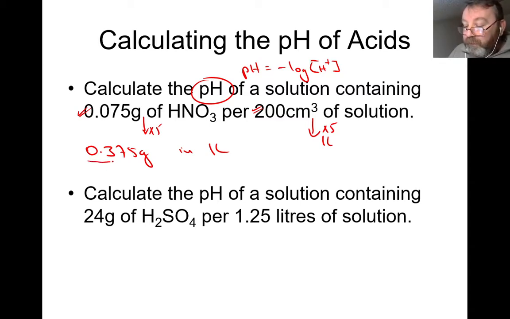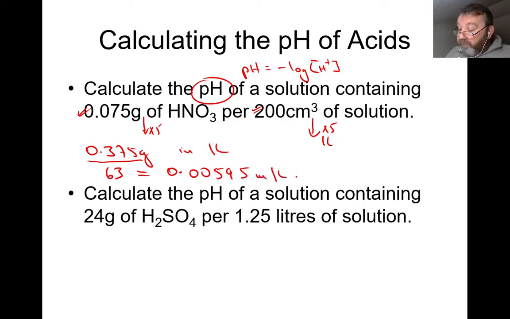I've got to turn my grams into moles, which means I take my HNO3, which is 1 plus 14 plus 48, that's 63. So 0.375 divided by 63 comes out as 0.00595 moles per litre of HNO3.